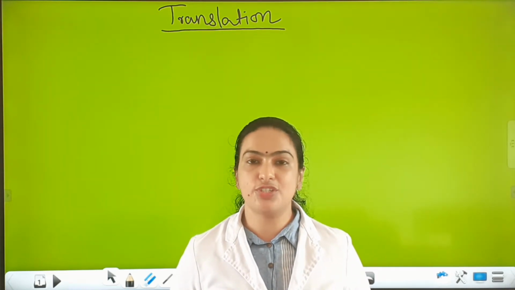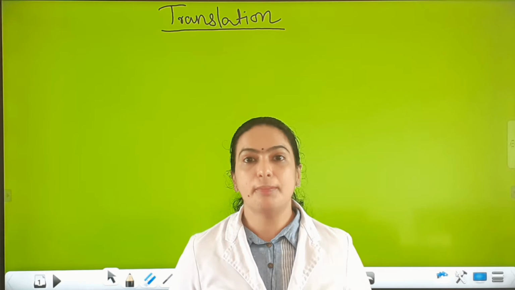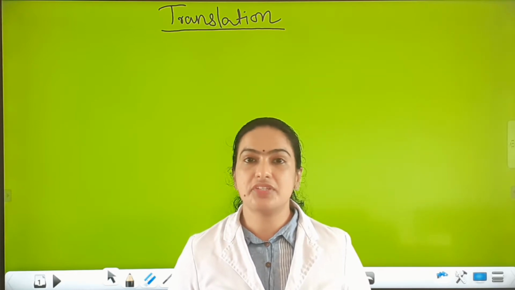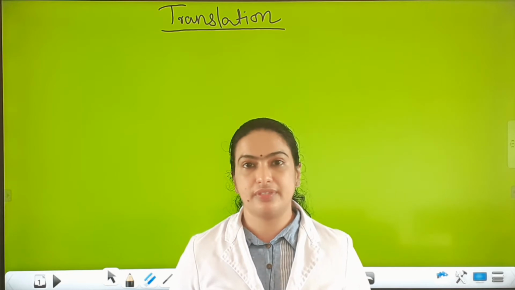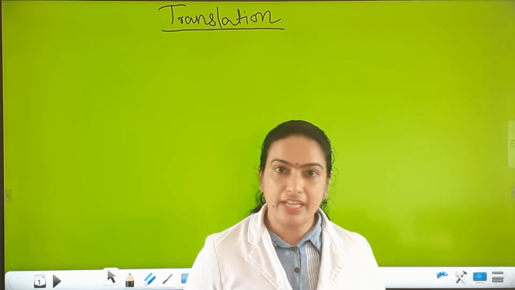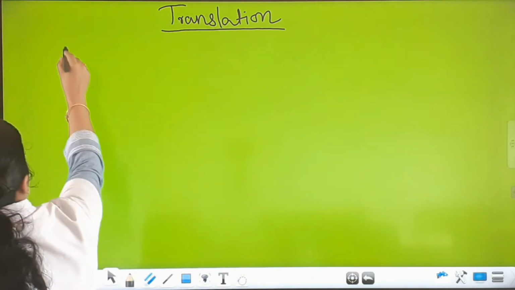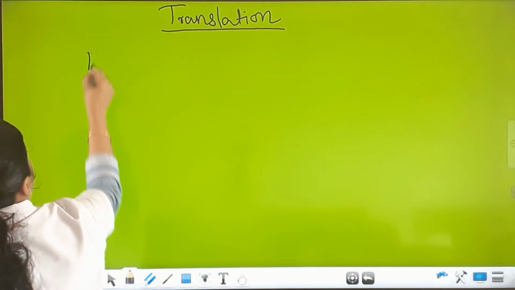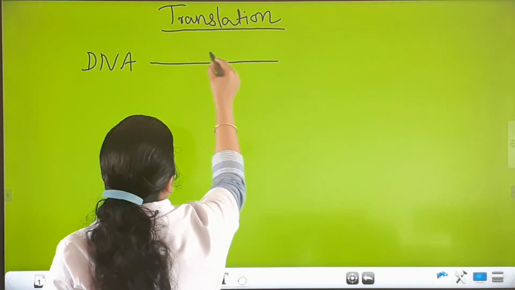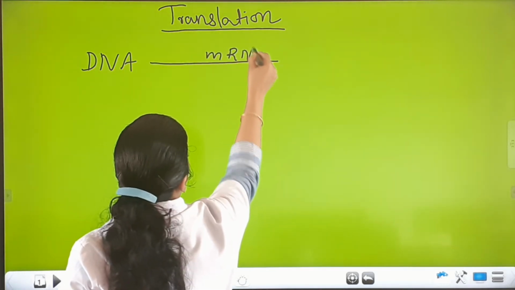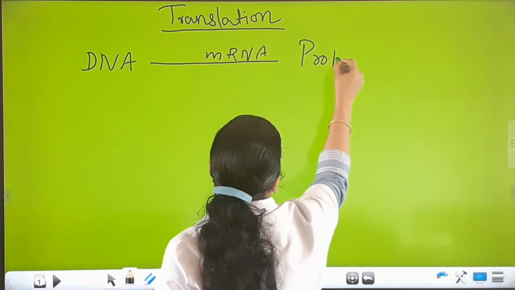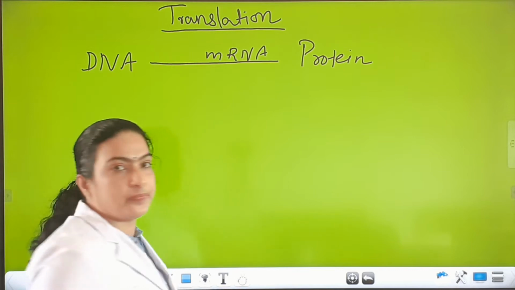Now I am going to teach you translation, or biosynthesis of protein. Translation is the process of synthesis of proteins from mRNA. Actually, the genetic information is transmitted from DNA to mRNA, or we can say through mRNA it gets translated for the synthesis of protein.